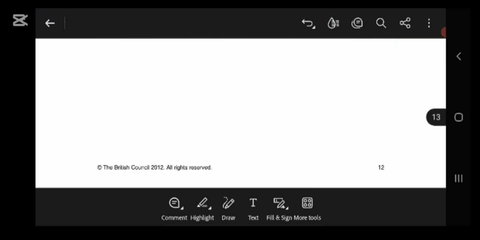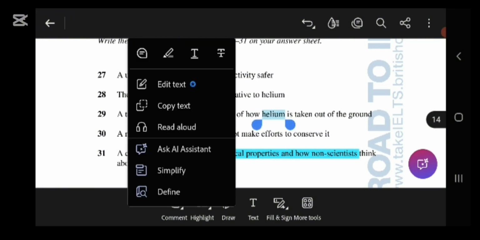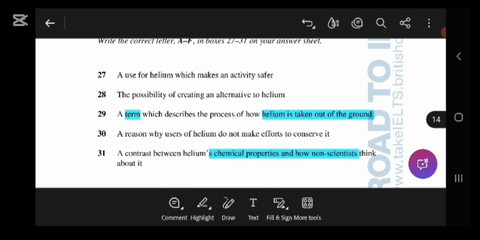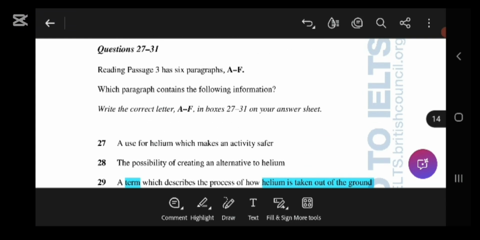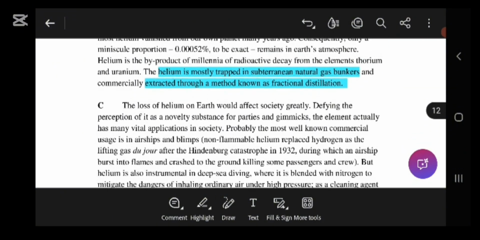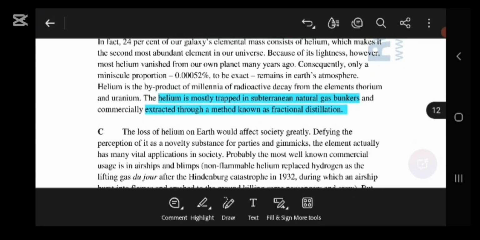This points to something, definitely. We see the means by which it is taken out of the ground, a term. The term we have seen now is what? Fractional distillation. I mentioned earlier that you would often find that the term is unfamiliar and scientific, which is precisely this. Next paragraph. So option B escaped being a useless paragraph.